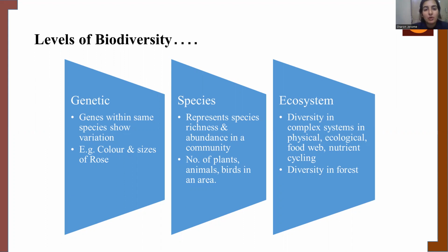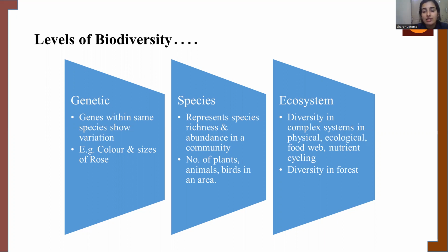When we talk about species variability of biodiversity, it represents the species richness and abundance in a community. So the number of plants and animals in a particular area, you can see different varieties of species of plants and animals in a particular area. That is another level of biodiversity. When we talk about the ecosystem, it is the diversity in a complex system.